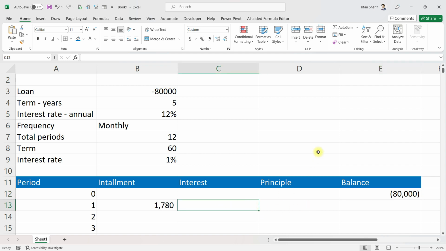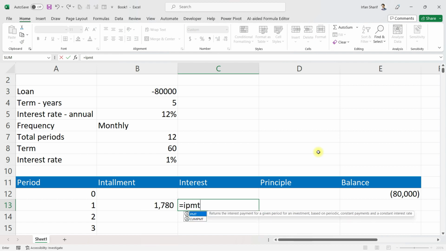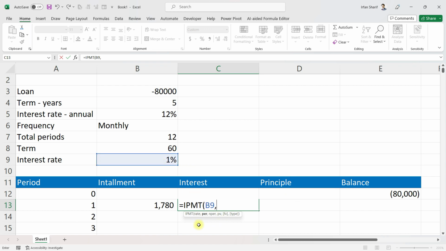Let us calculate interest first. So I would say equals IPMT. This is the function that can calculate the interest for you for any particular installment in any loan. Now let us enter the data here. The rate is going to be 1%. The second argument is PER, which is the number of the period for which we are making this installment.